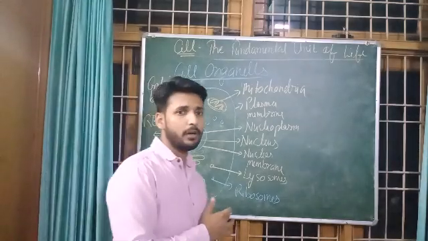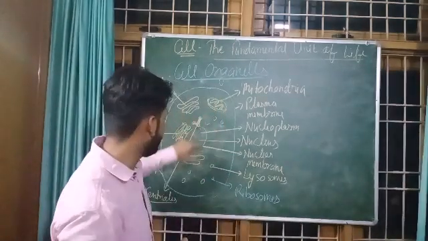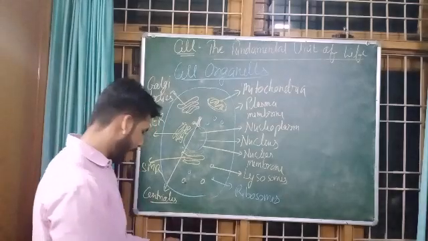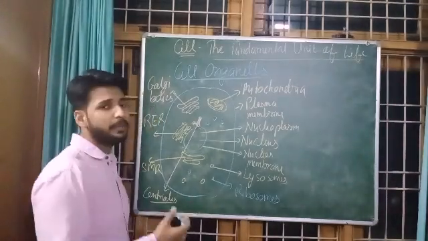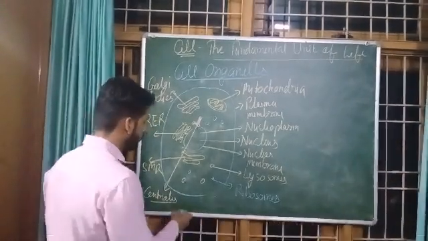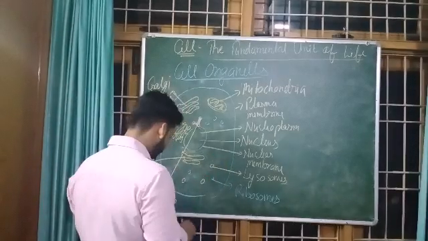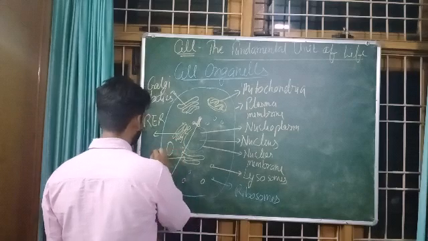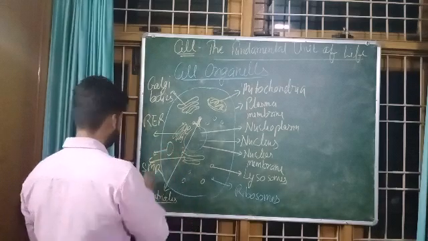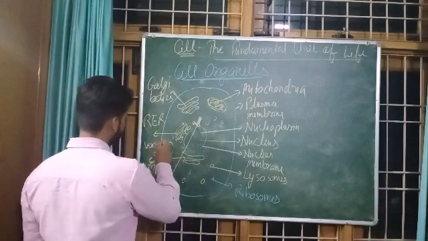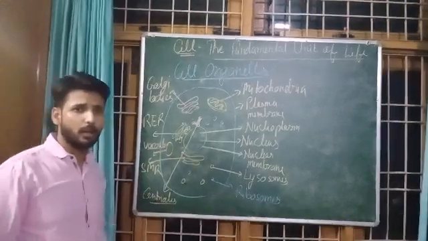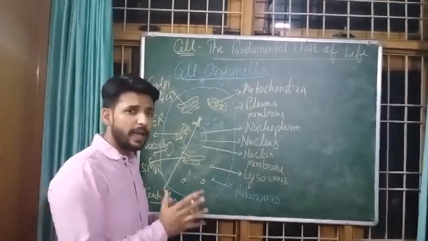Centrioles and lysosomes are only found in animal cells. And there might be some vacuoles. Vacuoles might be present or absent in the animal cell. This is the structure of an animal cell.